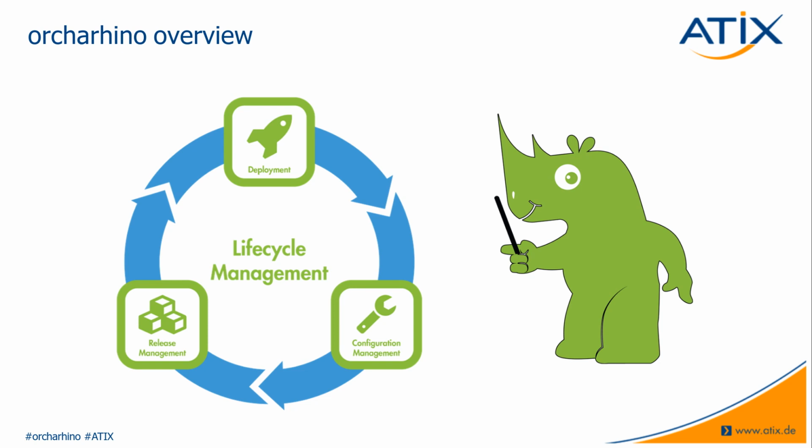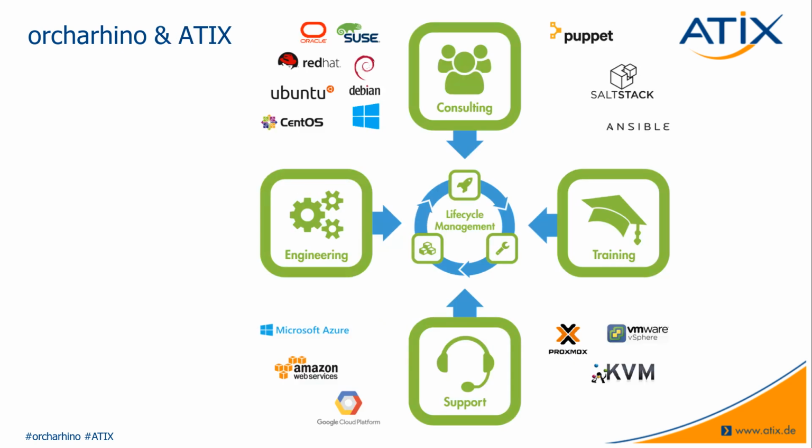So what does this mean in detail? For example, you can pick your preferred operating system and deploy it to the platform you want, for example Proxmox, VMware, or KVM, by selecting the corresponding provider in orcharhino.